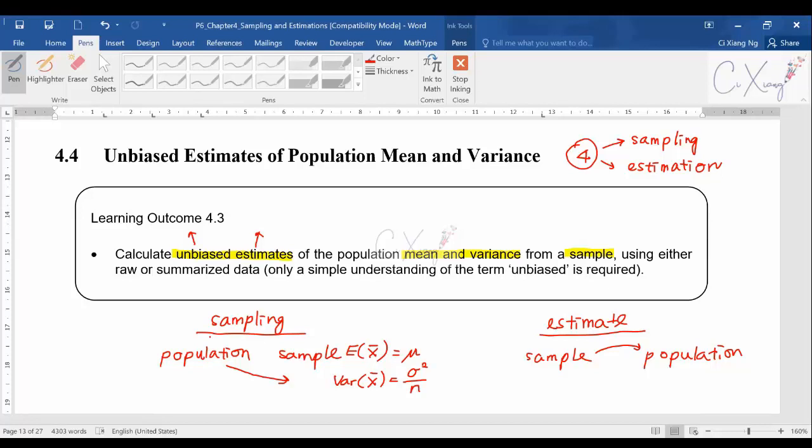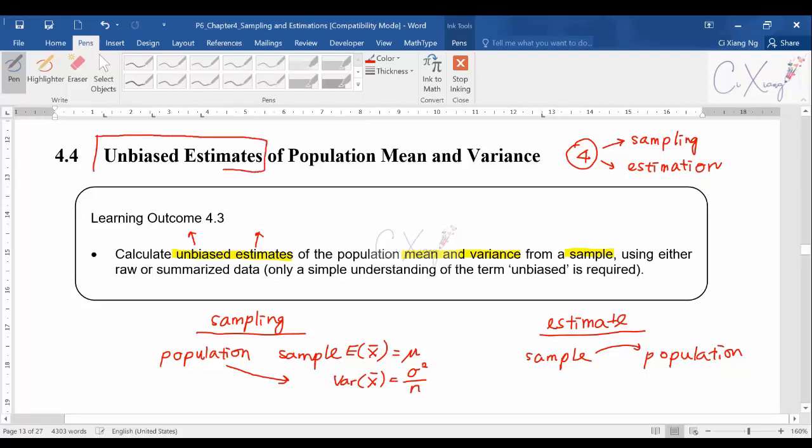But in the estimation part, when you want to estimate a value by using a small group of values, which is the sample, to estimate a bigger group, which is the population, usually it won't be so accurate, or maybe there is some bias. So our aim is to calculate the unbiased estimates, that means as accurate as possible.